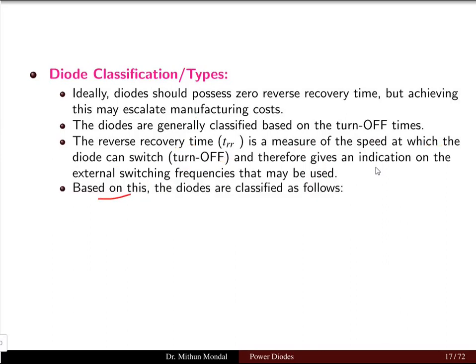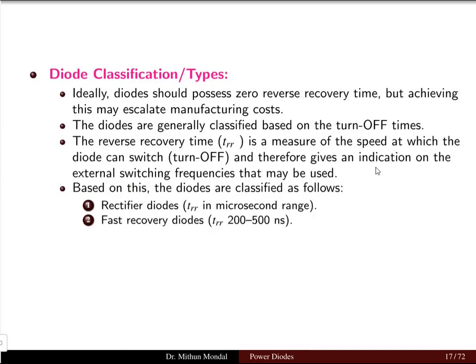Based on this, the diodes are generally classified as rectifier diodes, where the reverse recovery time is in the microsecond range, whereas fast recovery diodes generally have a reverse recovery time in the range of 200 to 500 nanosecond.